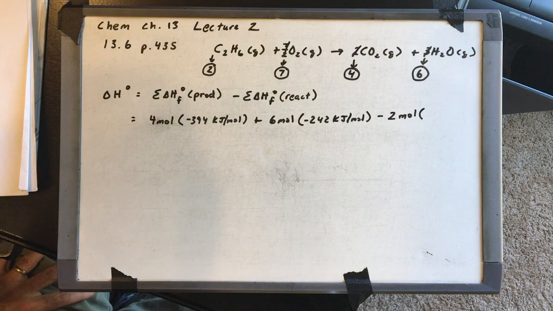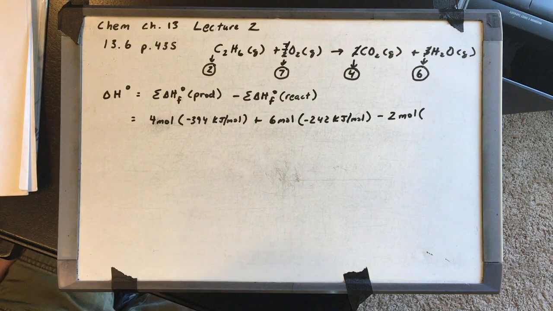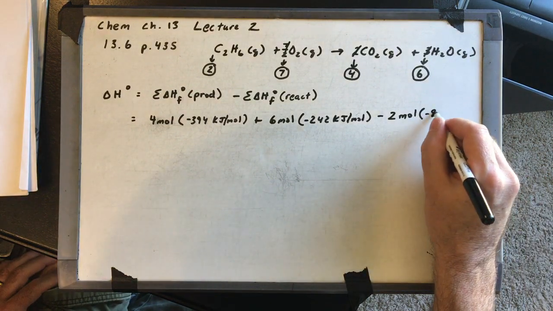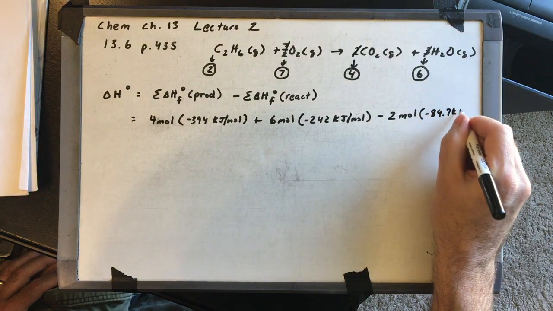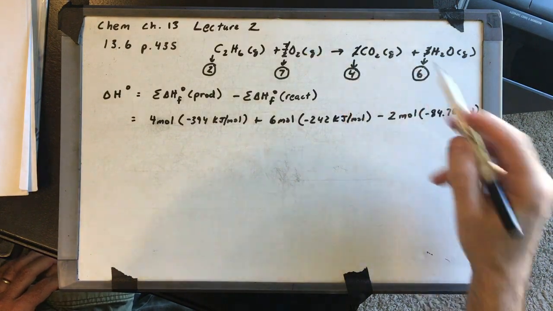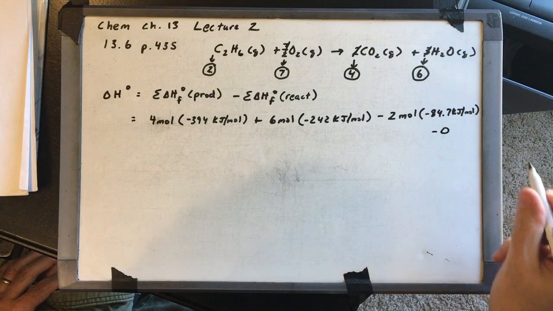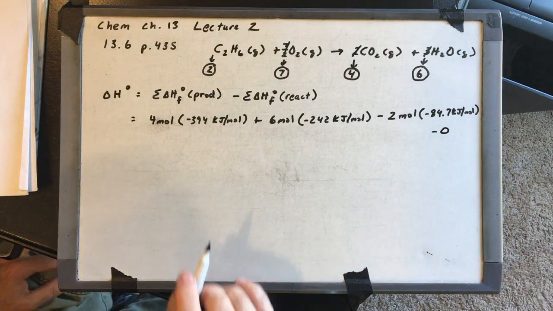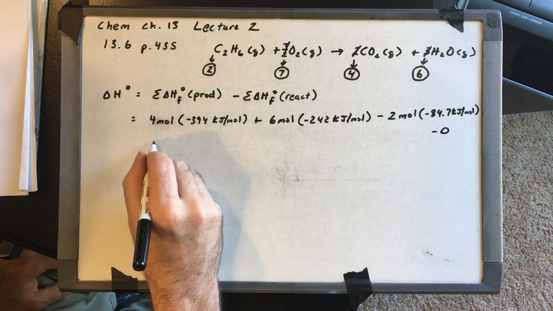All right, C2H6 gas is negative 84.7. It's in that 3rd column. And then oxygen is just 0, so minus 0 for oxygen. All right, get your calculator out. Let's multiply all this out.